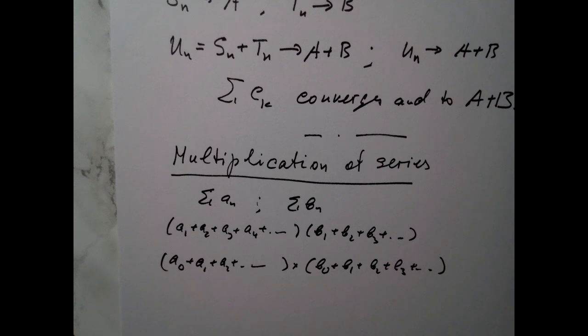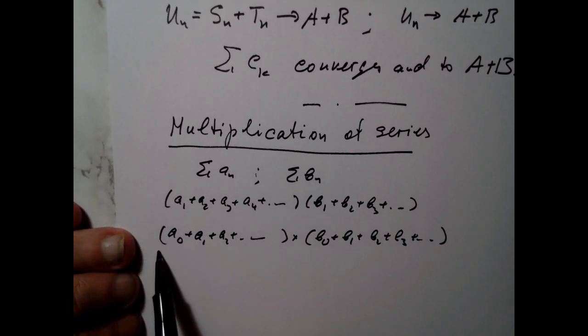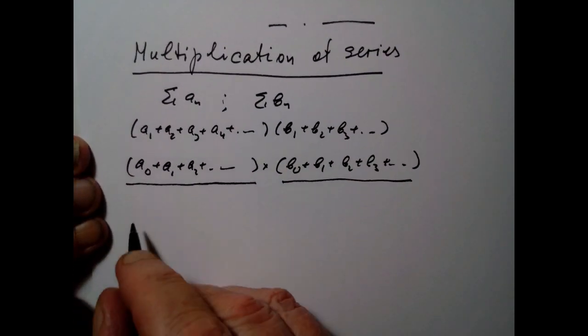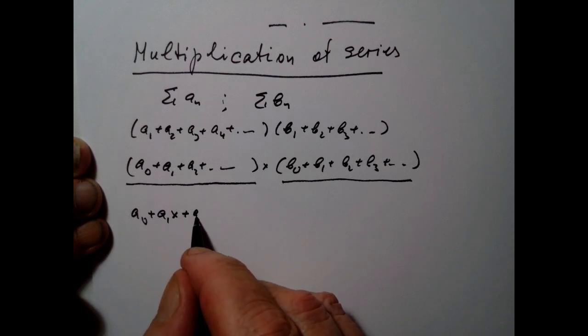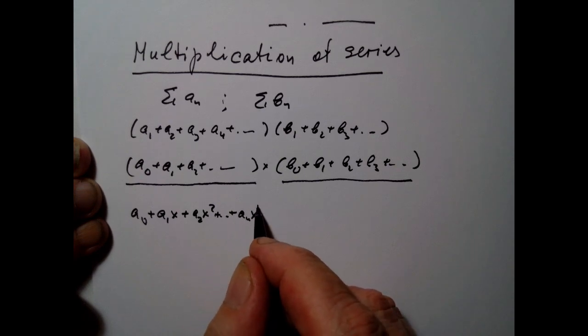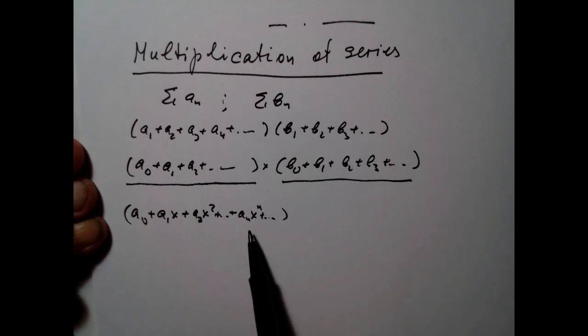So there is a canonical way of doing it, and I will try to explain it to you using polynomials. This is where polynomials come in very useful. Let me for a second look at this series in the following way. Let me say that this is a0 plus a1x plus a2x squared plus etc. plus an x to the power n plus etc. So if my x is equal to 1, then what I see here is exactly the same thing as what I see here.